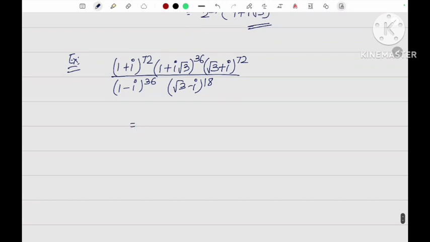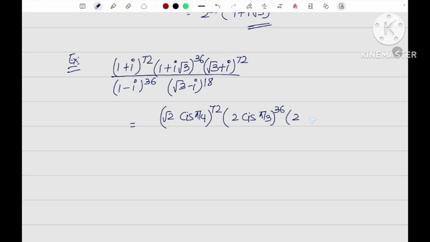So 1 plus i is root 2 cis pi by 4 to the power 72. 1 plus i root 3 is nothing but 2 cis pi by 3 to the power 36.